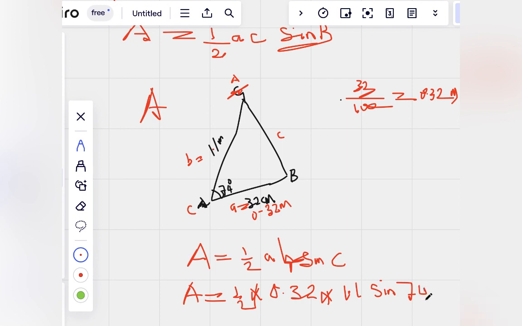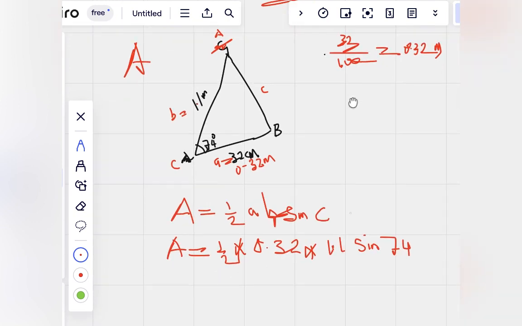If you want to key into the calculator, press sine 74 first. It's going to give you 0 point something. You multiply that value by 1.1, multiply by 0.32, and divide by 2, or multiply by 0.5.